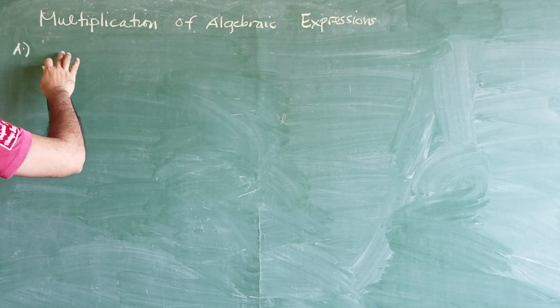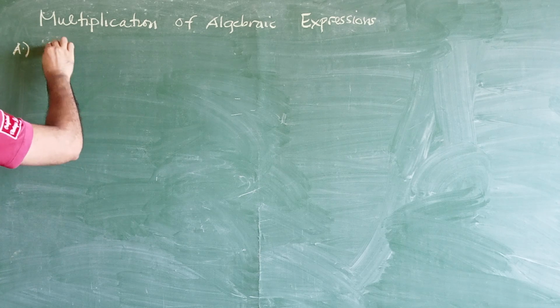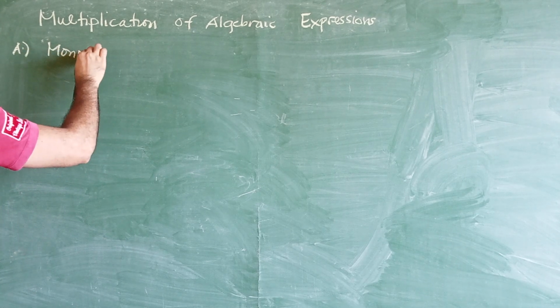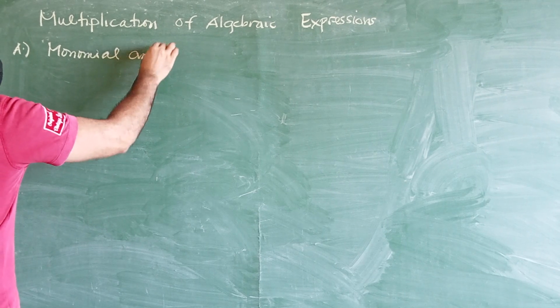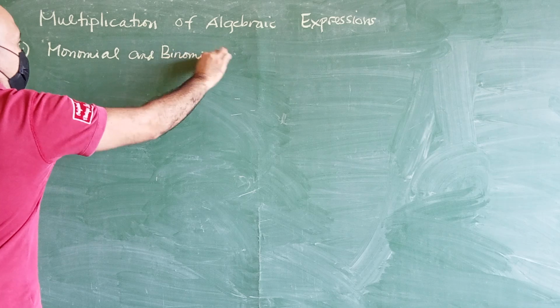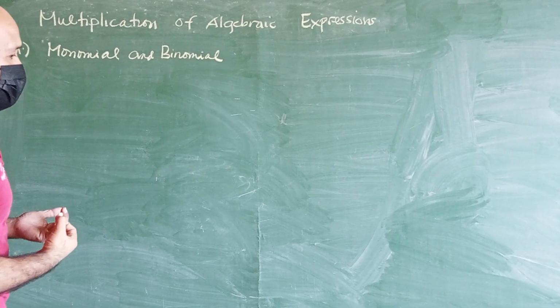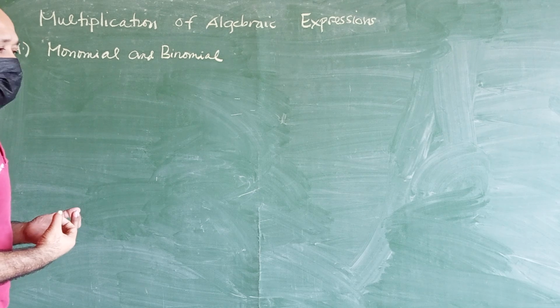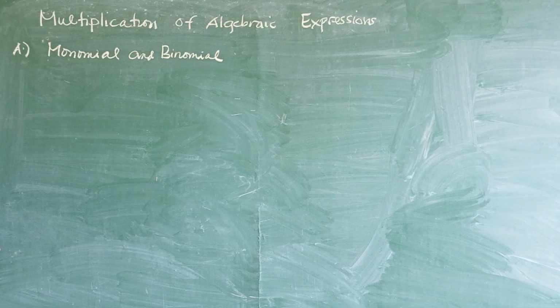Let's proceed on how to multiply a monomial and a binomial. A monomial means the algebraic expression is composed of one term, and the binomial is composed of two terms.